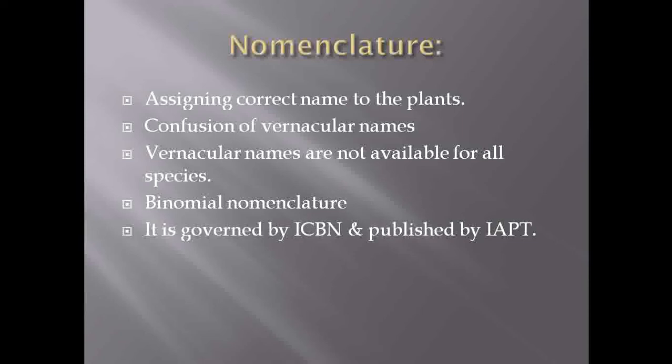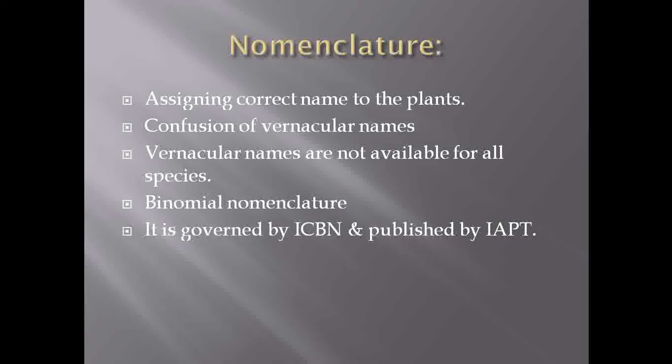Then why does this system of nomenclature come? Because not all the plants in the world have vernacular names, or if the vernacular names are available, then there might be confusion between their names. So to avoid all that confusion, the next system of nomenclature comes, and that system is known as binomial nomenclature.